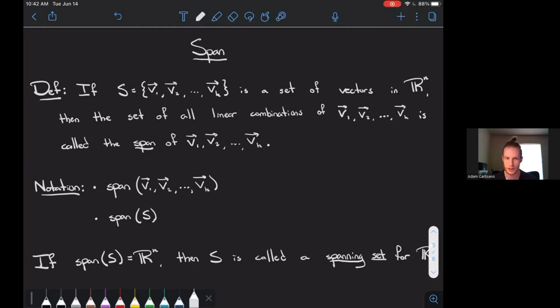If S is the set of vectors v1 up through vk, vectors in Rn, then the set of all linear combinations of those vectors is called the span of those vectors, or the span of S. For notation, we just write the word span and then parentheses. Sometimes you'll see someone use angle brackets for the span.